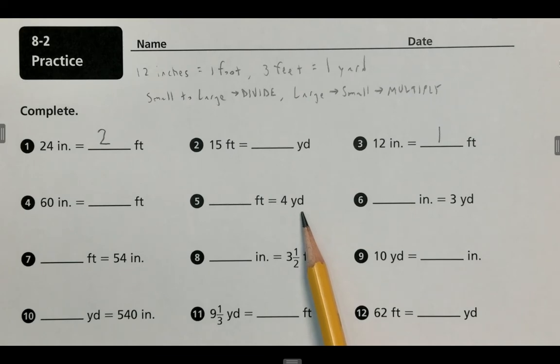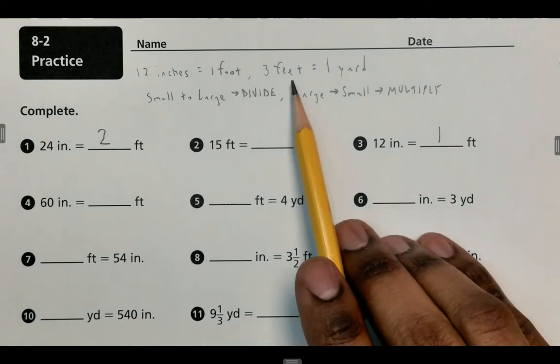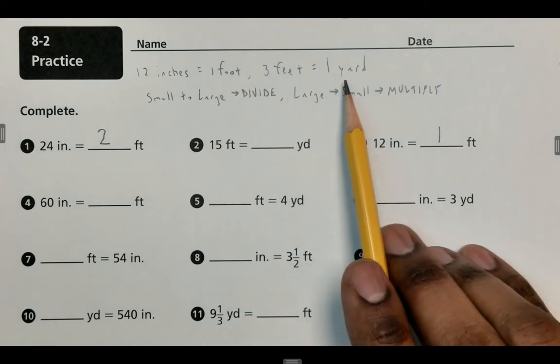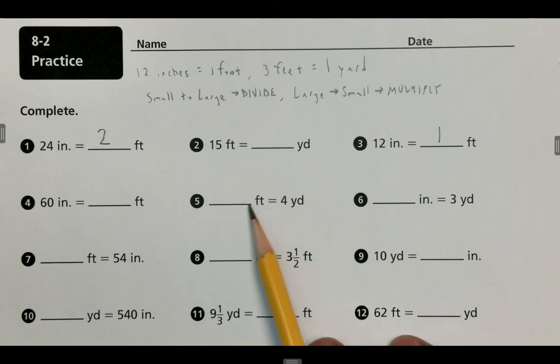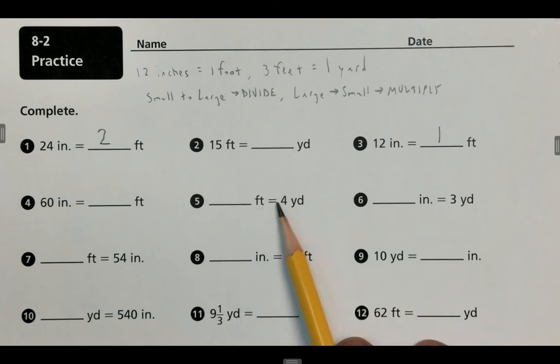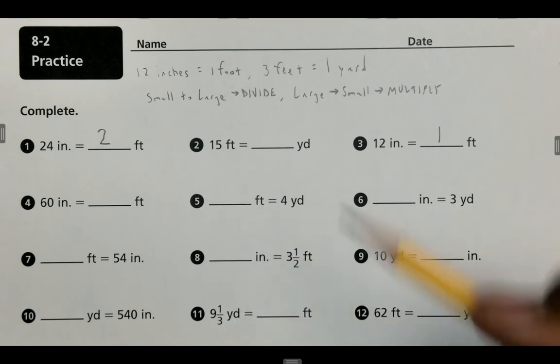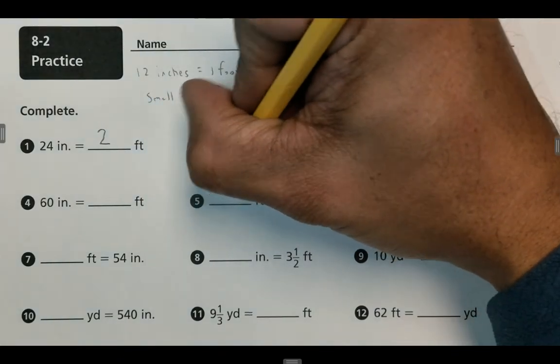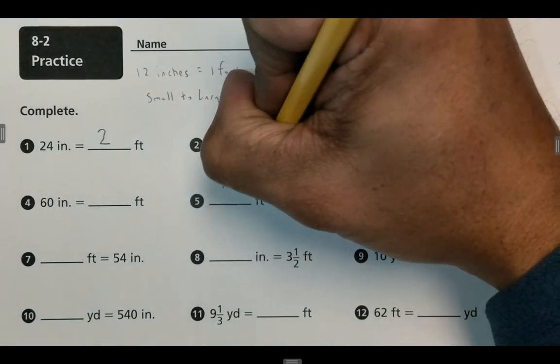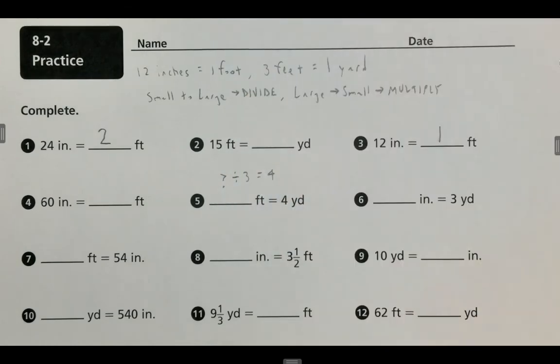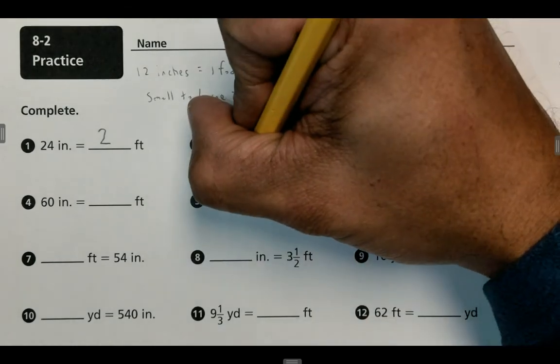I'm going to divide something, and then I'm going to divide by what? Well, feet to yards, I'm thinking 3. 3 feet go into 1 yard. Something divided by 3 is 4. What is that something? If you said 12, you'd be right on.